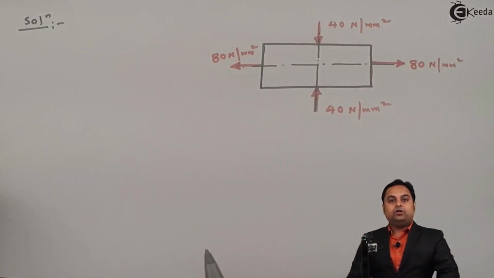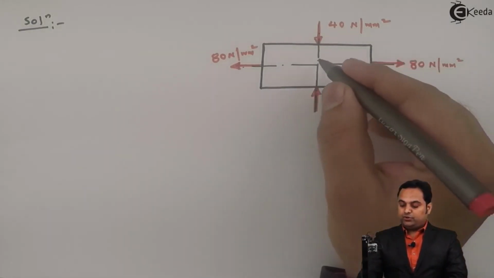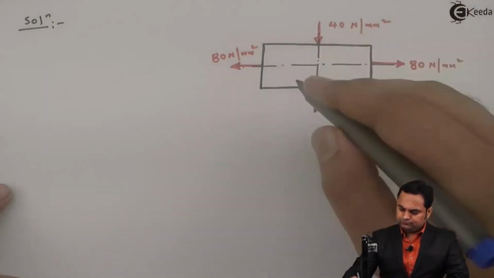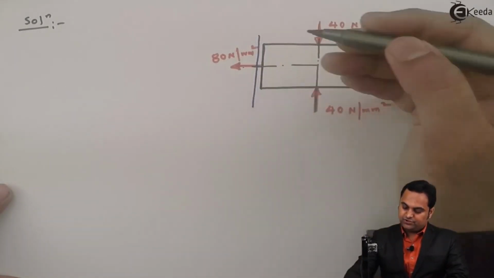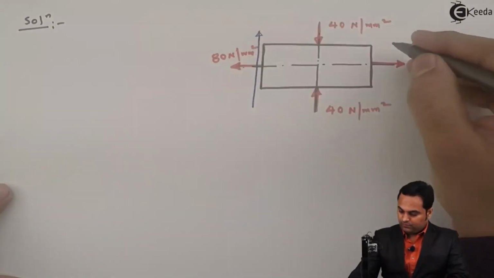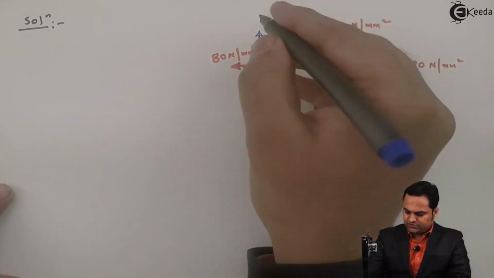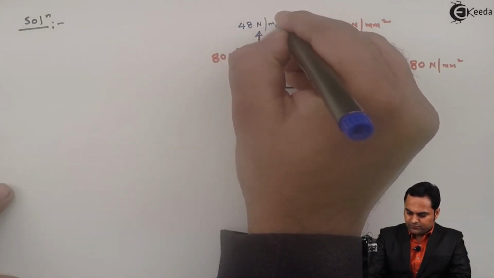Now, along with these two stresses which are mutually perpendicular to each other, there is even a shear stress which is given. So I'll denote the shear stress here. The value of shear stress is 48 megapascal, so 48 Newton per mm square.